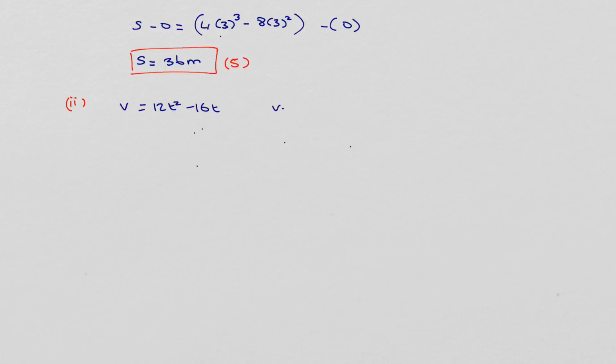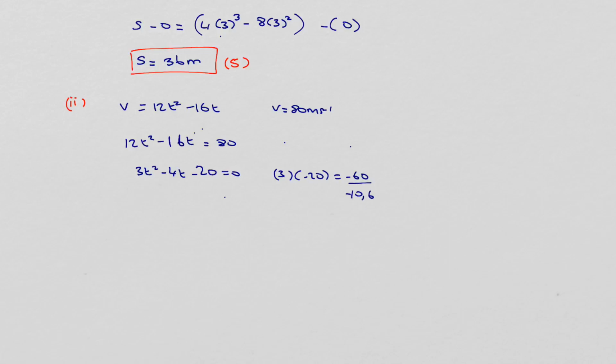But if v is equal to 80 meters per second, then that gives me 12t squared minus 16t is equal to 80. And I can divide across there by 4, which gives me 3t squared minus 4t minus 20 equals 0. So now I just have a quadratic to solve. So factors that multiply to give me minus 60 and add to give me minus 4 must be minus 10 and 6.